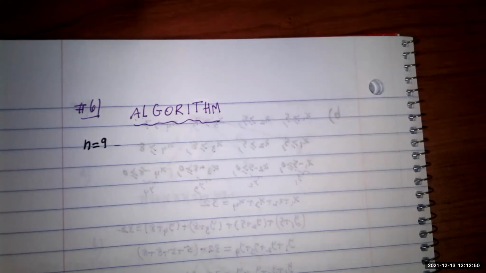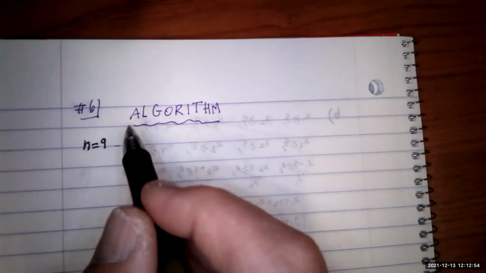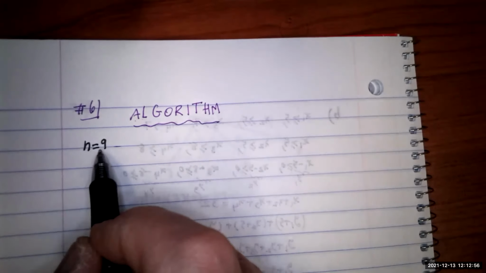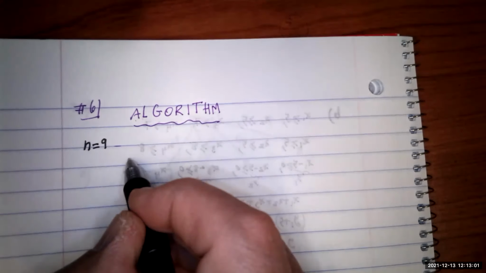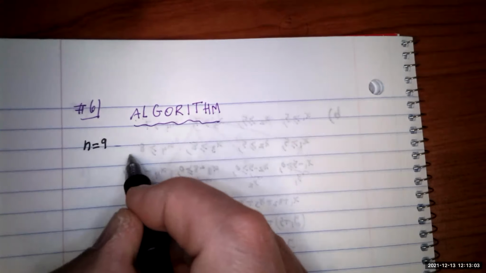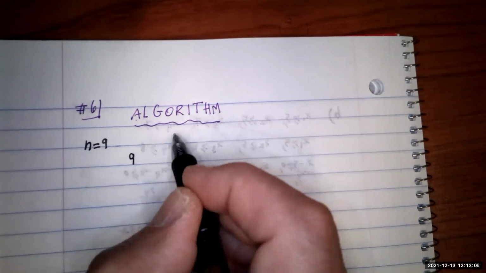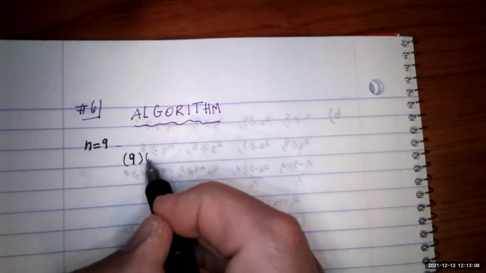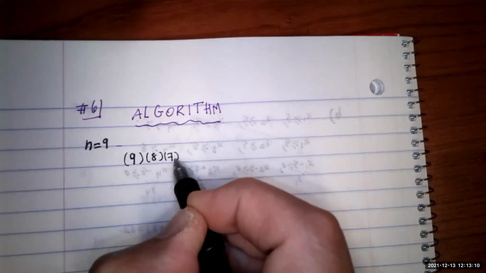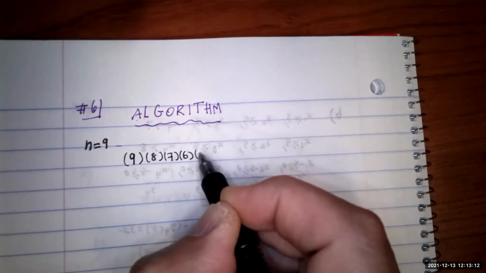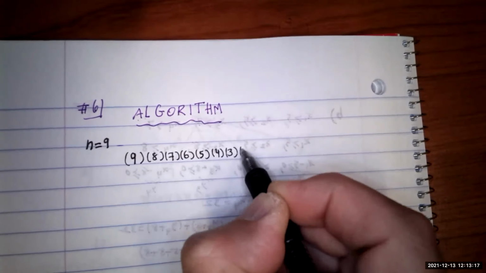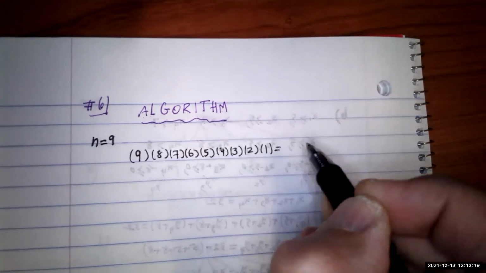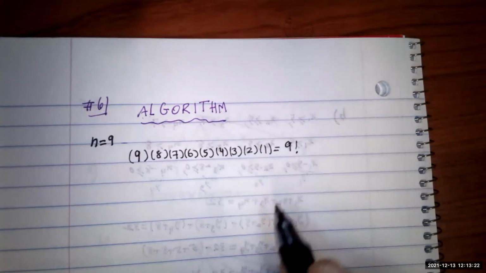You have 9 boxes and we have 9 letters that you want to put inside. For the first choice, you have 9 choices because we have 9 letters. If you go to the next box, it would be 8, 7, 6, 5, 4, 3, 2, and 1, which is the same as 9 factorial that we know.